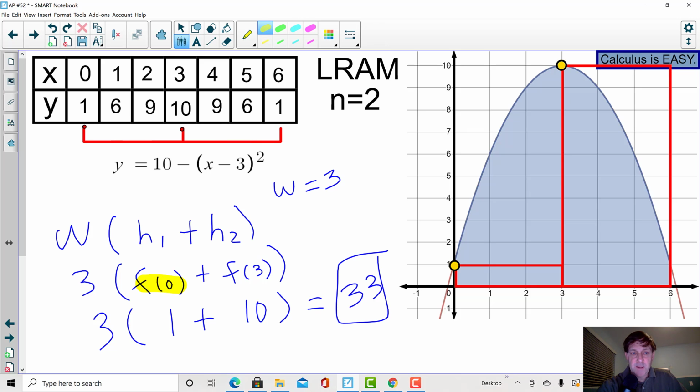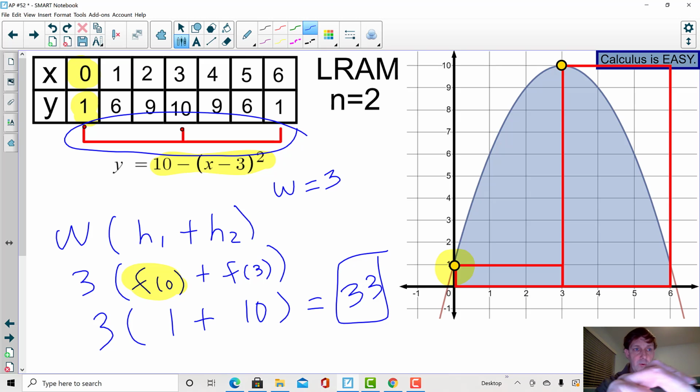Again, if you wanted to find f of 0, you could either just look at the graph if they give you the graph, or you plug a 0 into the equation if you have the equation, or from the table, you can see when x is 0, y is 1. You can see I've drawn my 2 rectangles underneath the table, and these are the 2 left endpoints. The first one happens when x is 0, and the second one happens when x is 3.